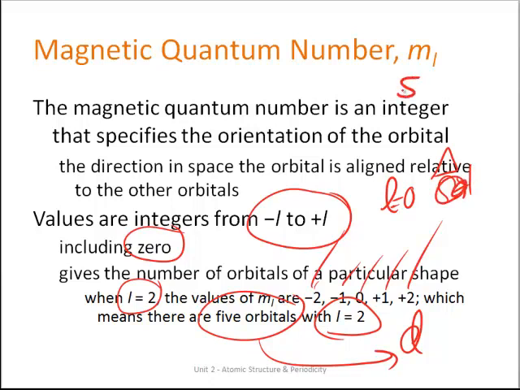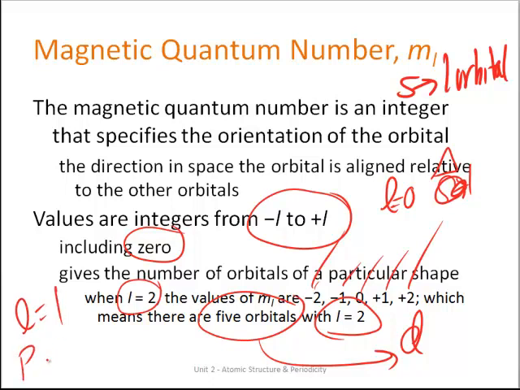L equals 1, which is our P sublevel, can have negative 1, 0, and positive 1, so P has 3 orbitals.